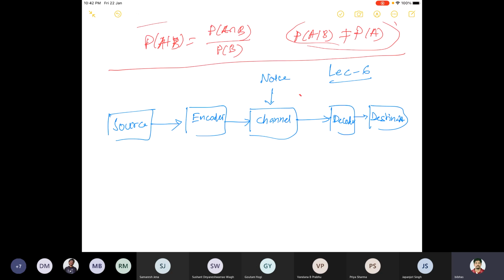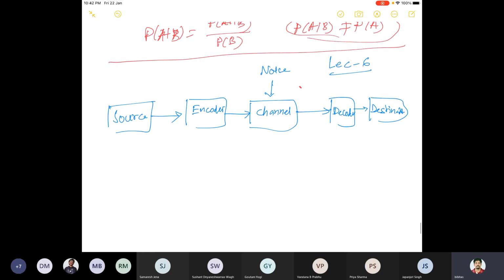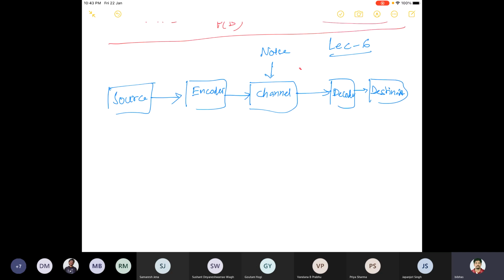There are some parts, and maybe there are a lot of things in between which we are not discussing in detail. So this is just a mathematical model of the communication system, and we'll only be studying mathematical theories of exchange of information between the source and destination.